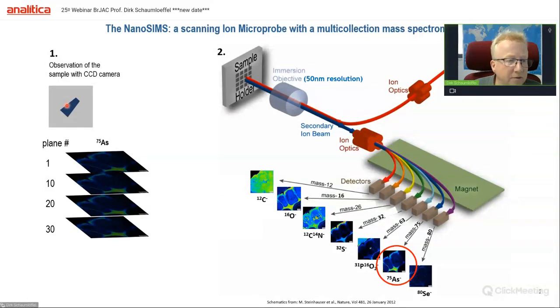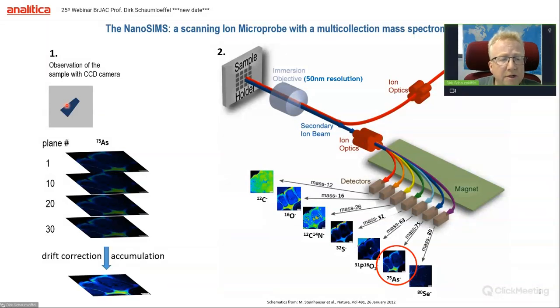We can do 10, 20, 30 scans, even more, and then sum all the intensities. After a drift correction, we can accumulate the intensities to have a brighter or more intense image. We usually do that, especially when we want to look at trace elements which are low concentrated in the samples.